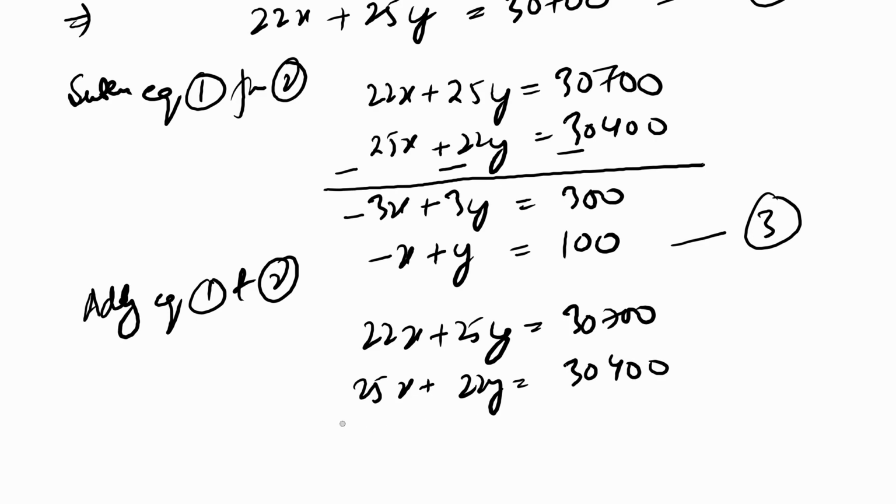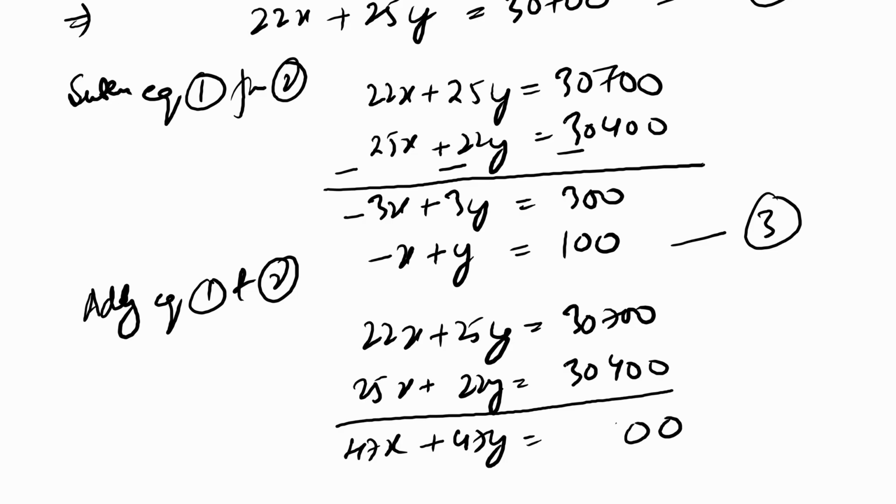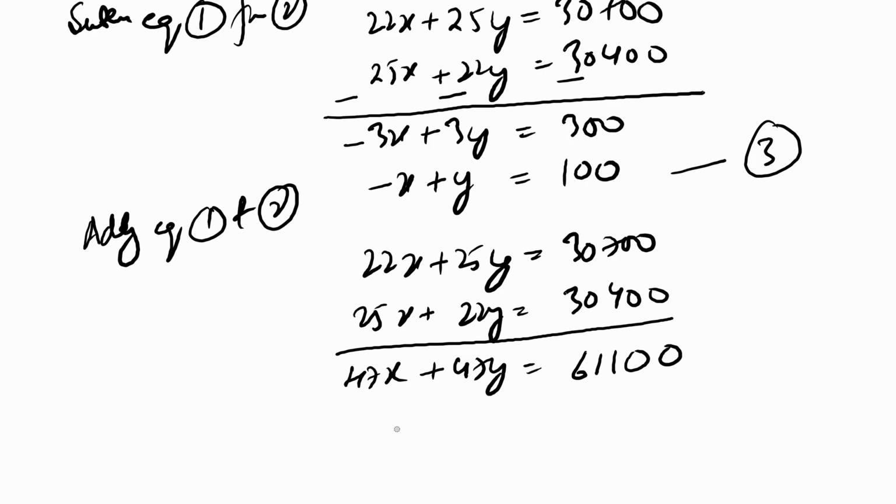So this will become 47x plus 47y is equal to 61100. Now what will I do? 61100 divided by 47. Let's see if it divides. If I divide it by 47, I will get x plus y is equal to 1300.